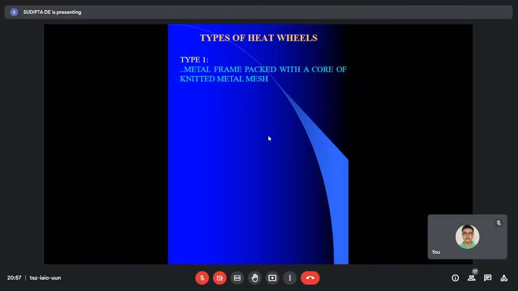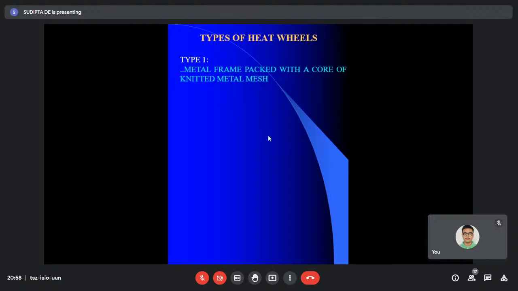So why do we use it? The idea is very clear. A metal frame means you have a structure where holes are there. Now, if there are holes in the metal frame and gas passes through the holes, then obviously a large amount of gas will pass through the central part of the hole, which doesn't come in contact with the metal structure at all.